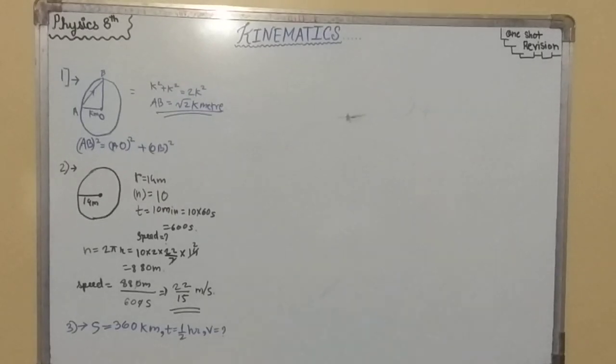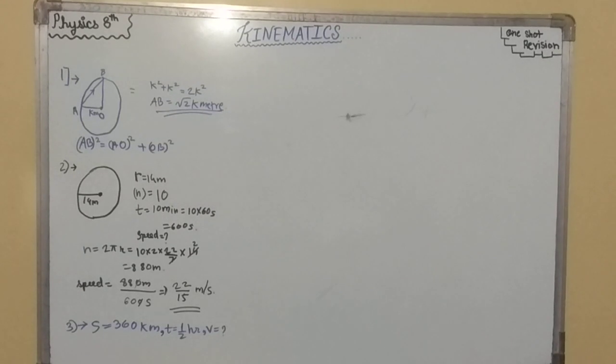And now velocity, we know that velocity is equal to displacement upon time. That is 360 km upon half hour, that is equal to 360 into 2, that is 270 km per hour.